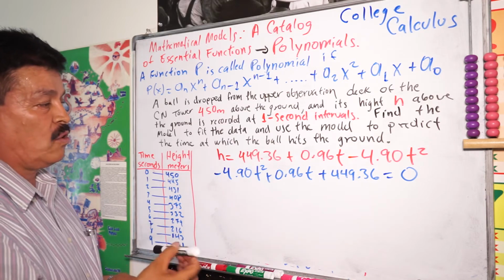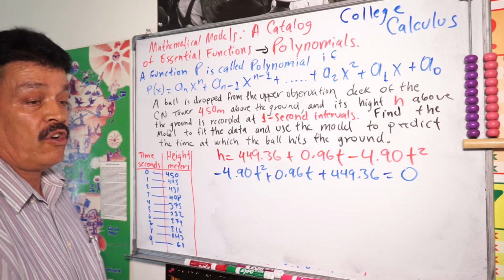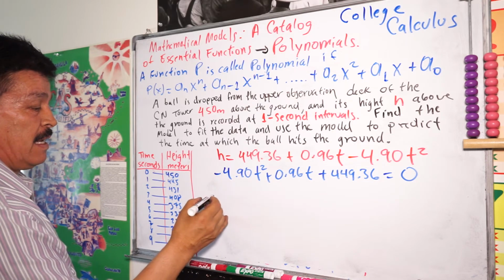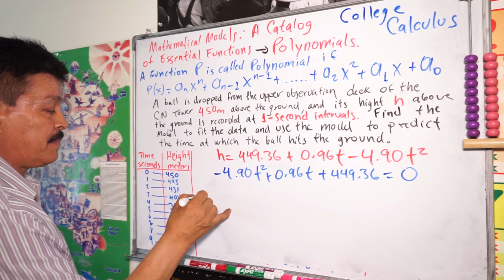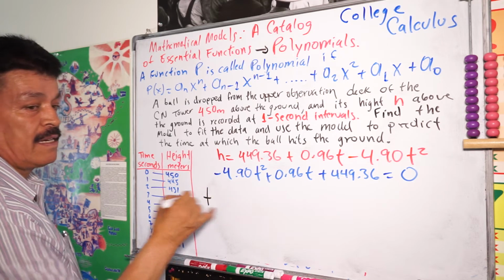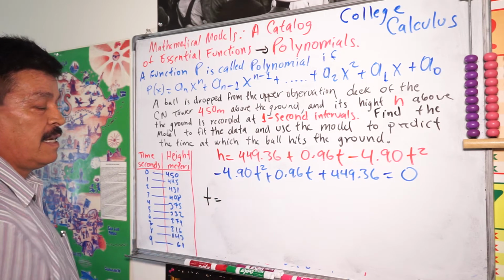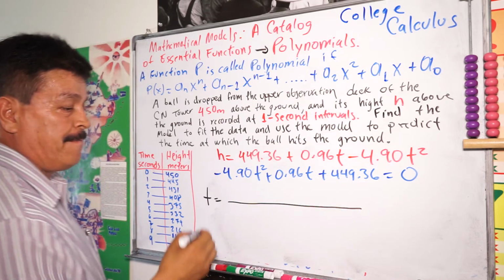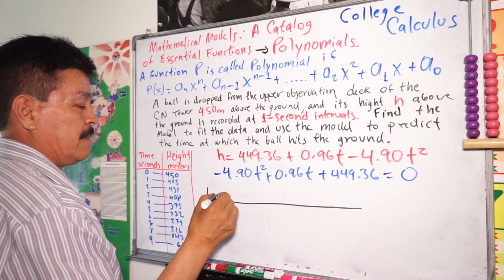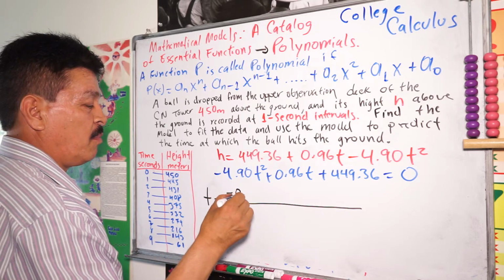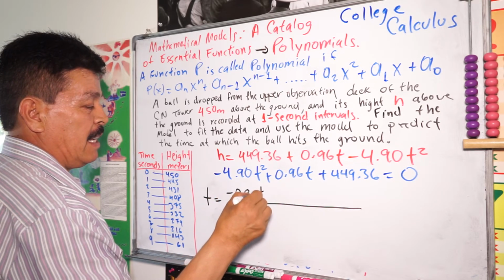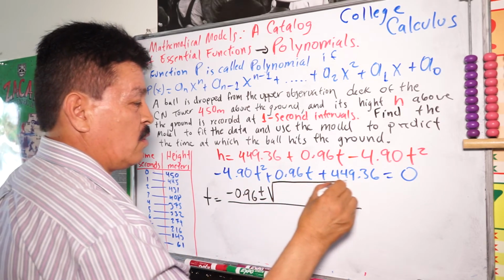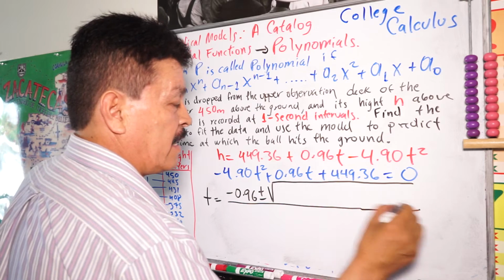We are going to apply the quadratic formula to solve this problem. So the quadratic formula is going to be like this. T is going to be equal to minus, remember, the quadratic, 0.96 plus or minus the square root of all the data that we have here.